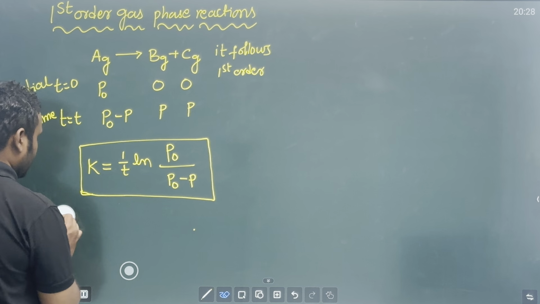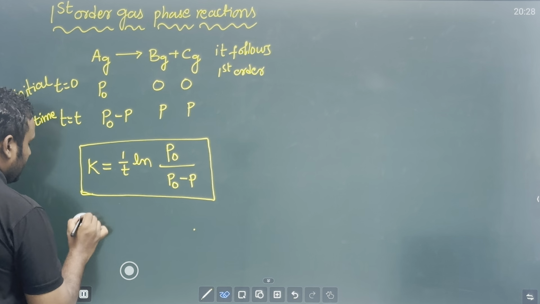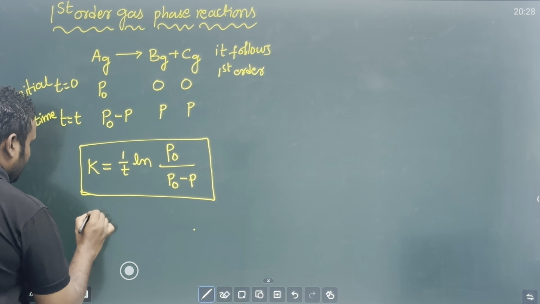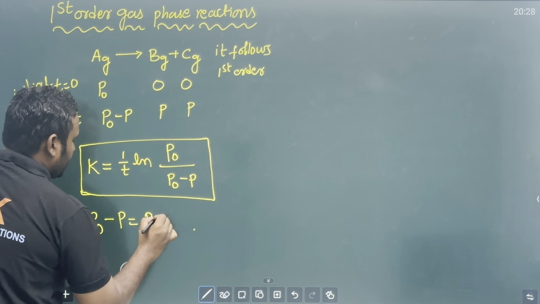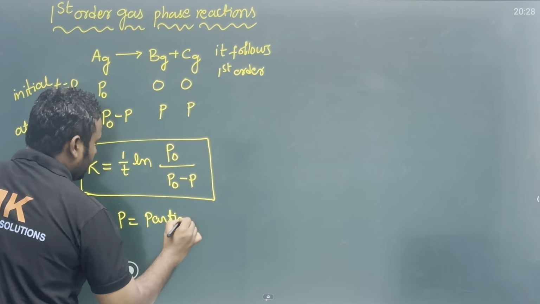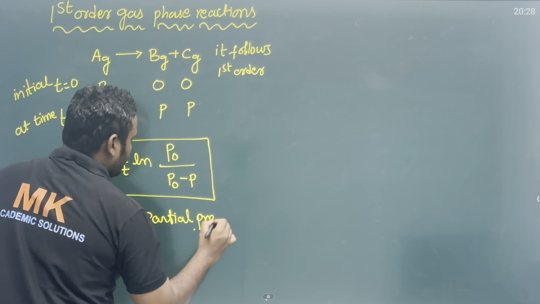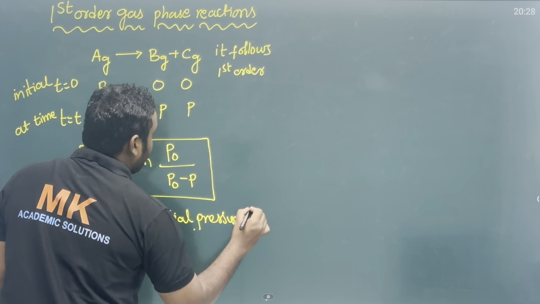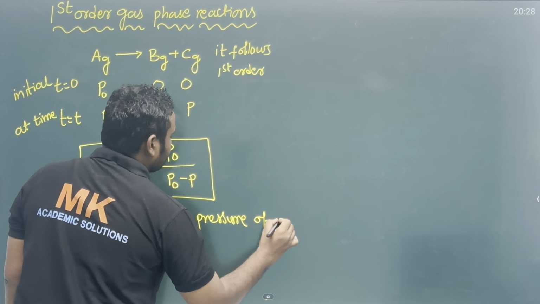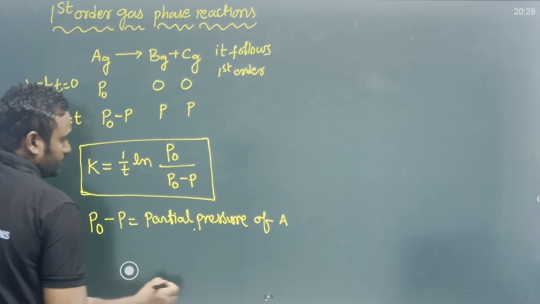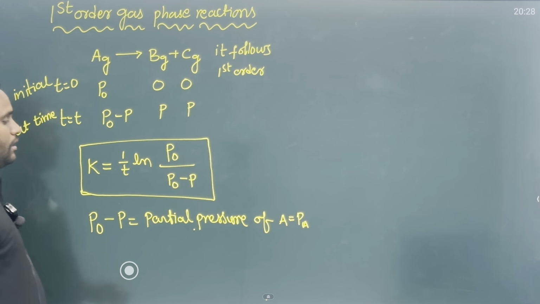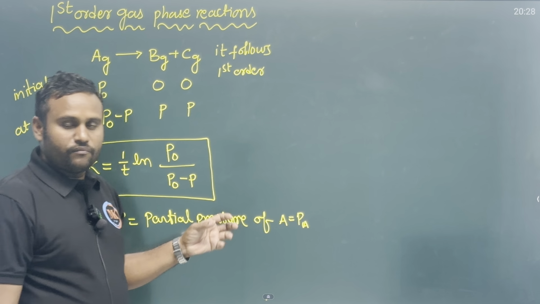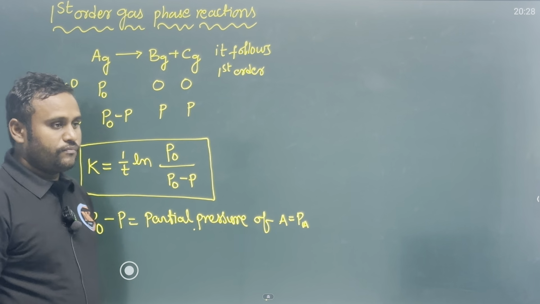P naught minus P is the partial pressure of A, that we can consider as PA. So this partial pressure of A we can find by using the total pressure formula.